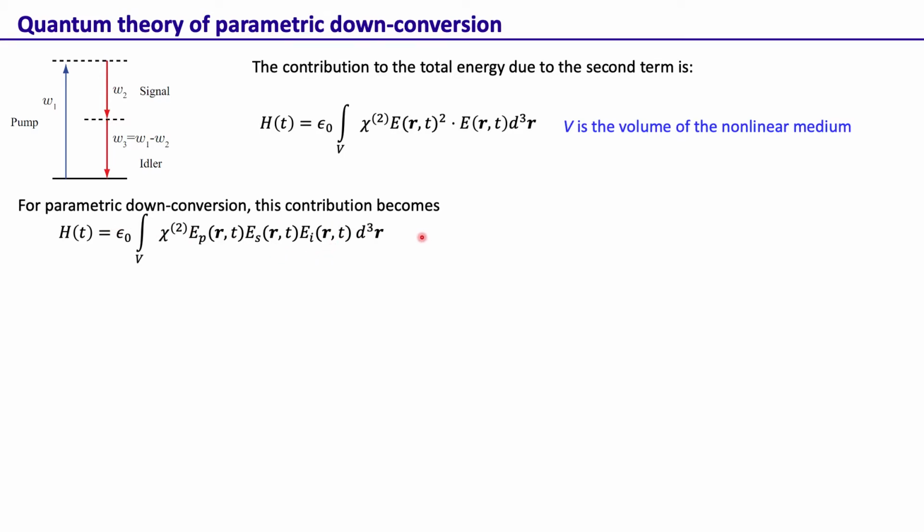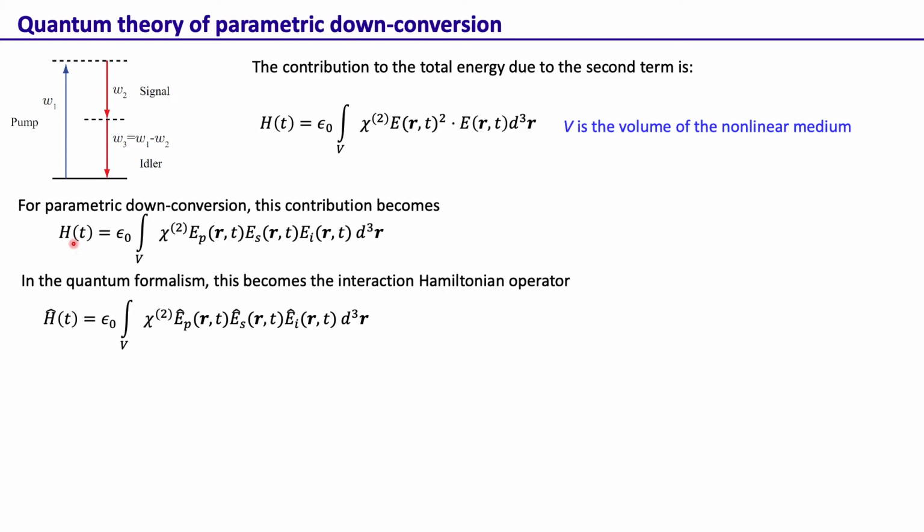This is the energy, and in quantum formalism we basically take this energy and turn it into the interaction Hamiltonian by replacing these fields by field operators and this energy by the Hamiltonian operator. So in the quantum formalism, this H becomes the Hamiltonian operator, and the pump, signal and idler fields become the pump, signal and idler field operators.